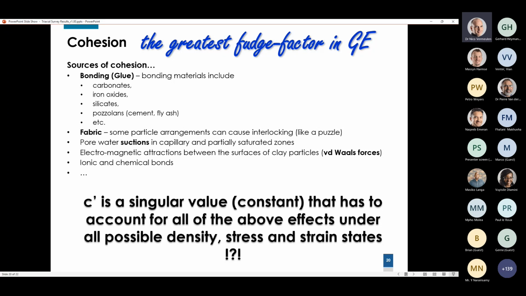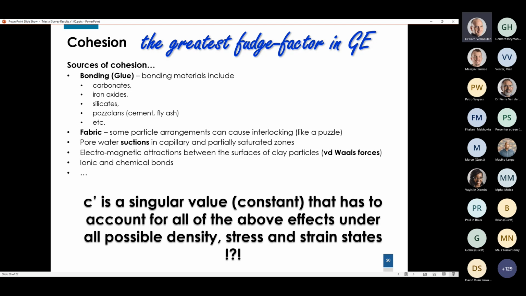For example, physical bonding between soil particles, and if you want to call it a glue, that's fine, will create permanent cohesion. These bonding materials in soil terms include carbonates, iron oxides, the ferricretes that we so love, silicates, and pozzolans, the elements we get in cement and in fly ash and power station ash for that matter. Some power station ashes cement rock hard due to pozzolanic action.